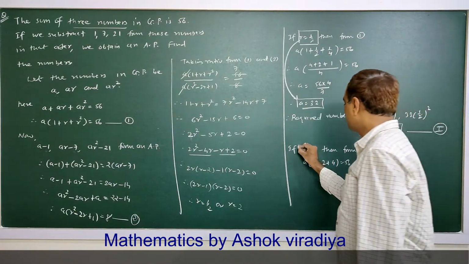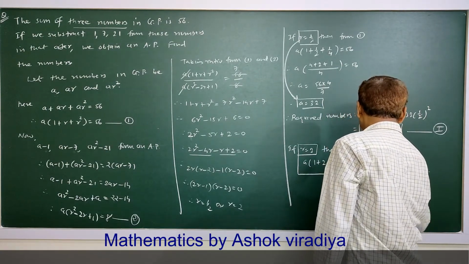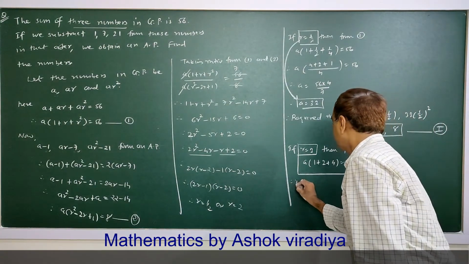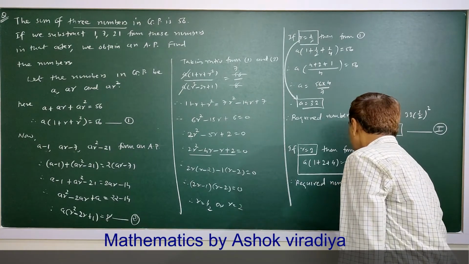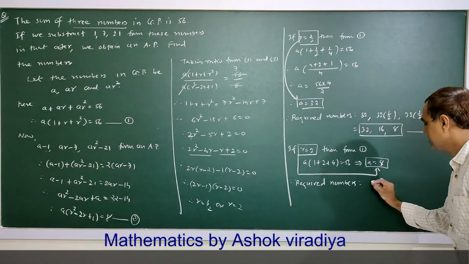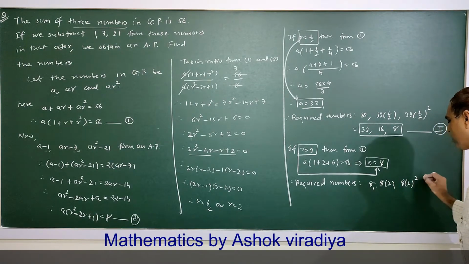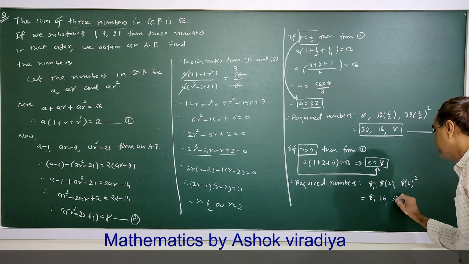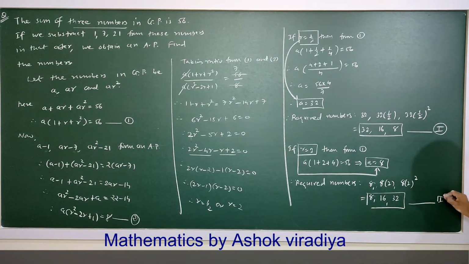So when R is 2, then A is 8. So the required numbers are A, AR, AR square, that is 8, 16, 32. This is the second possible answer. So there are two possible triplets.